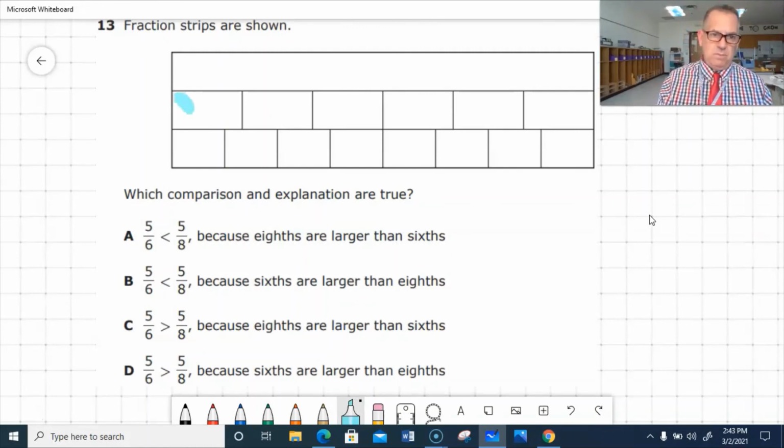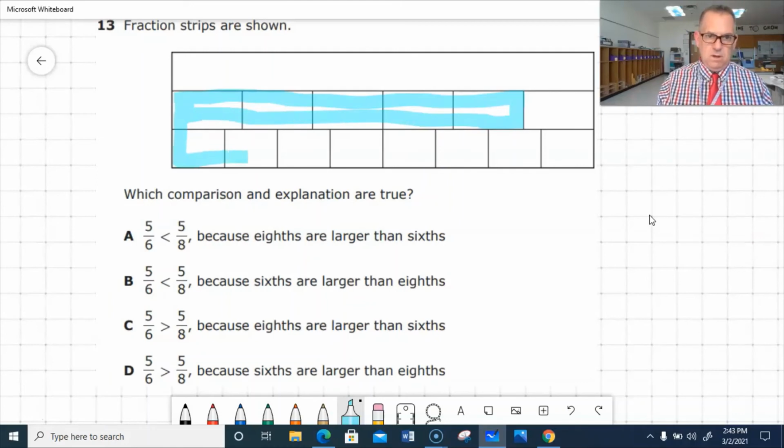These are my 6 because I've broken down into 6 equal parts. That's 3, 4, that's all but 1 is 6. That's 5/6. And 5/8, that's 4, 5, just a little bit more than a half. So I'll shade that all in there.